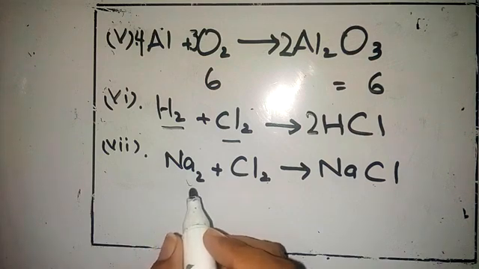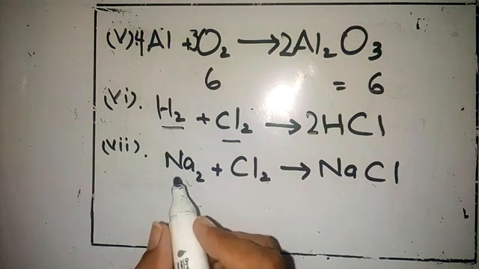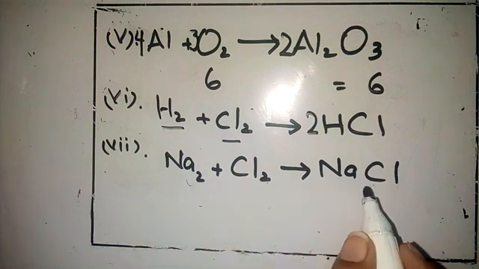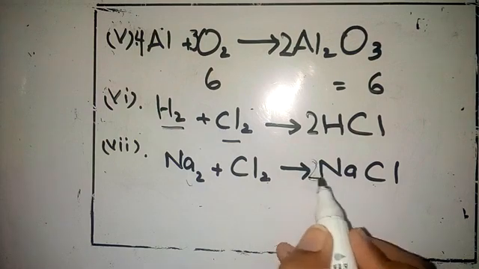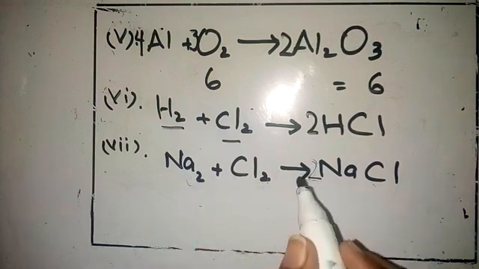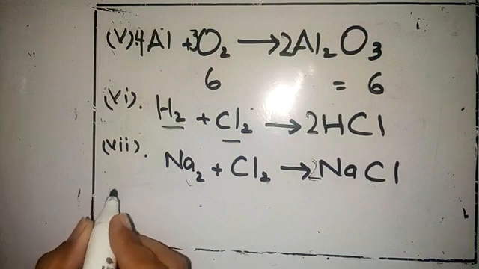So now you can see here this equation is not balanced. We will have to balance the sodium and chlorine in the product form, so we will write here the 2. Now we got the 2 sodium and 2 chlorine equal.